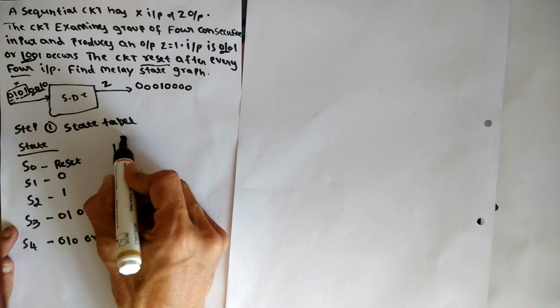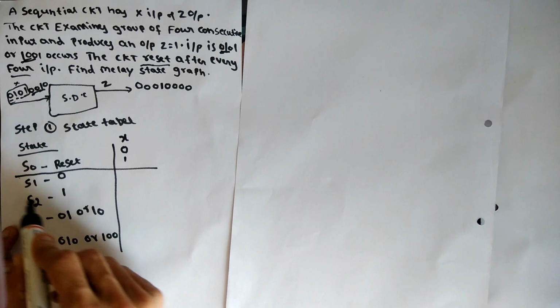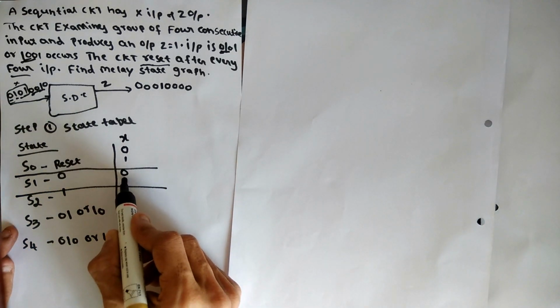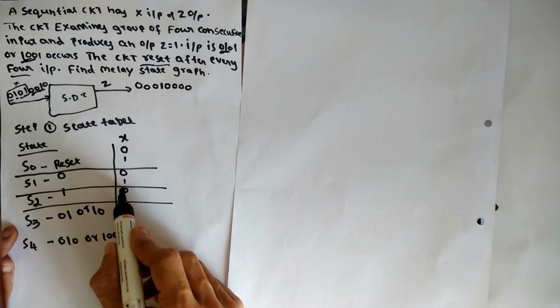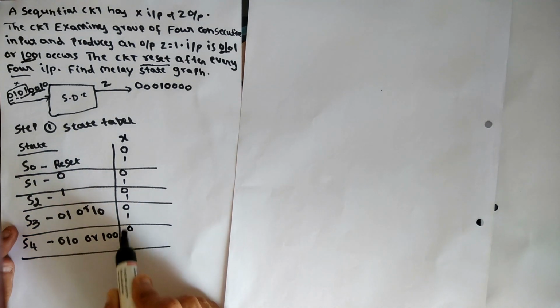Now consider the possible values of X. In S0, X can be 0 or 1, and in S1 also, S2 also, S3 also, and S4 also.